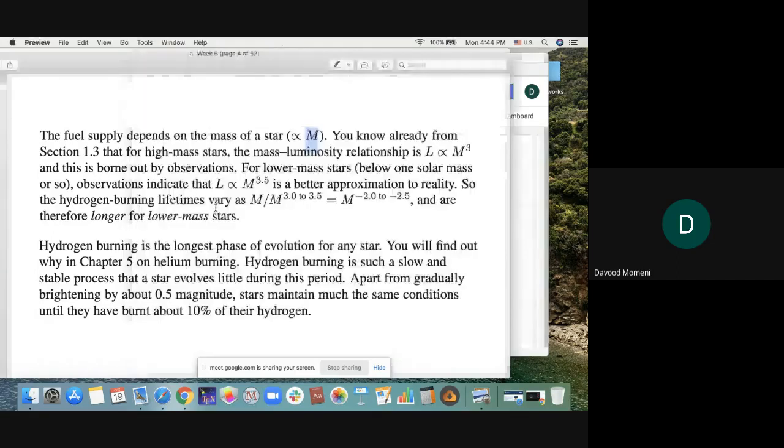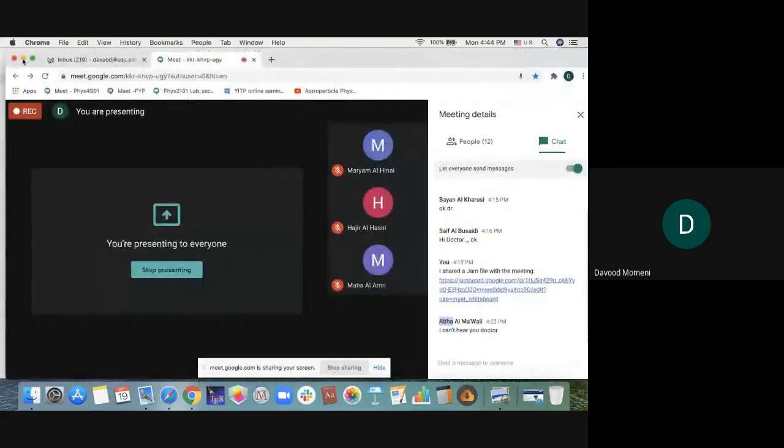Hydrogen burning is very important for the evolution of stars, and we will find more about helium burning in chapter 5. All the star's energy production is based on the hydrogen to helium cycle.